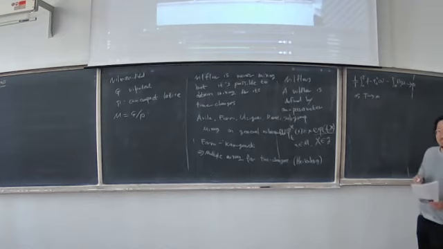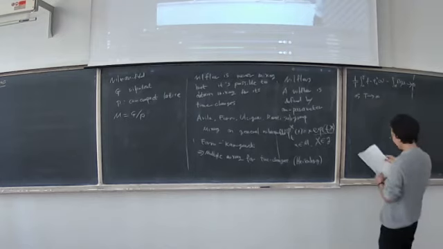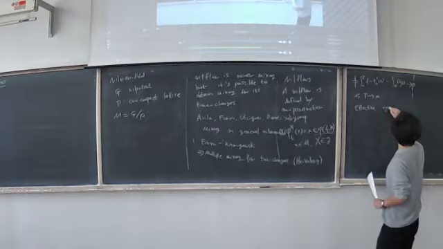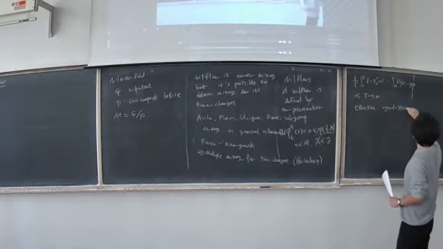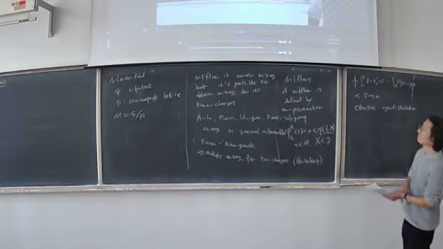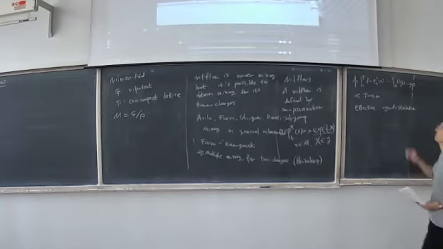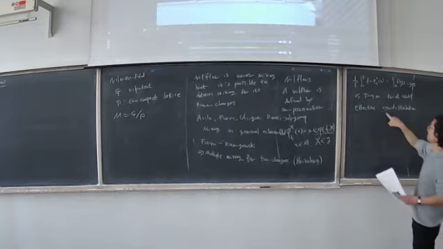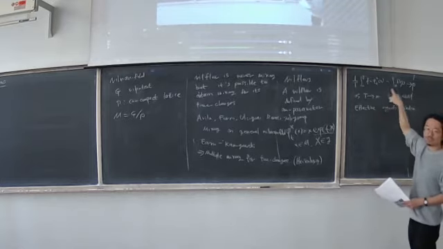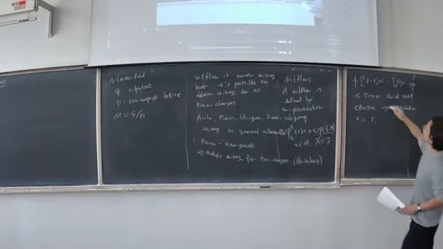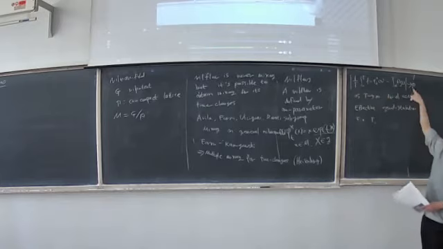Effective equidistribution means we want to find a bound for this difference, how fast it converges to 0.